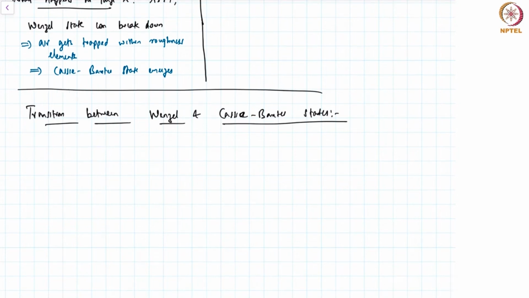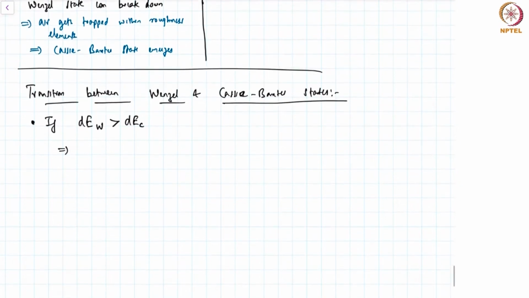One is if dEW becomes larger than dEC. What is the expression for dEW? The expression for dEW was r times gamma SL minus gamma S dx plus gamma times cosine of theta star dx.